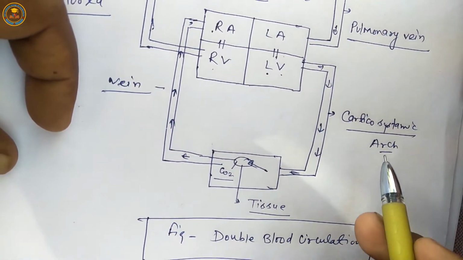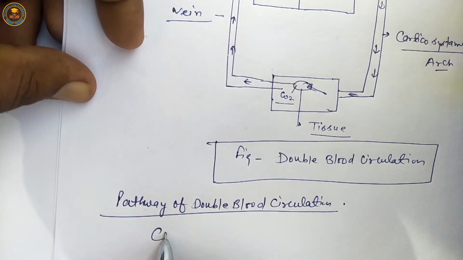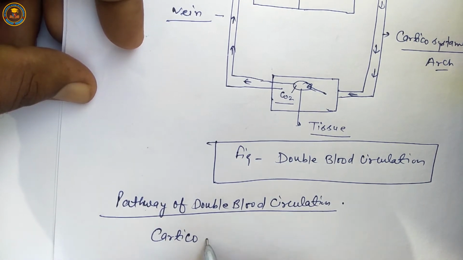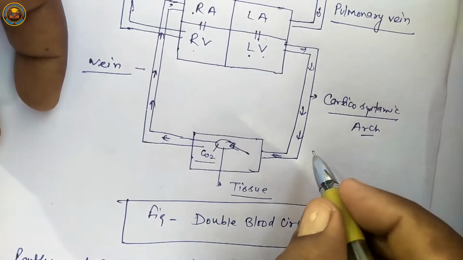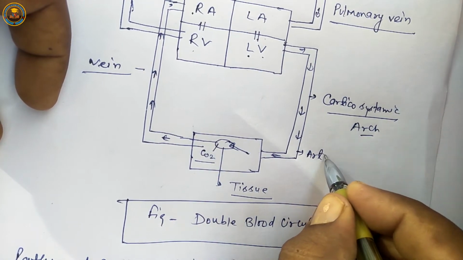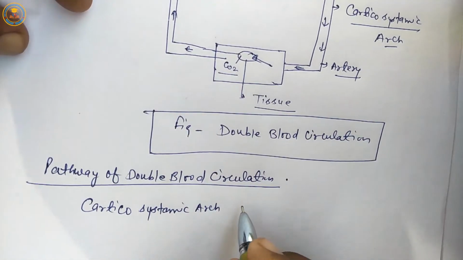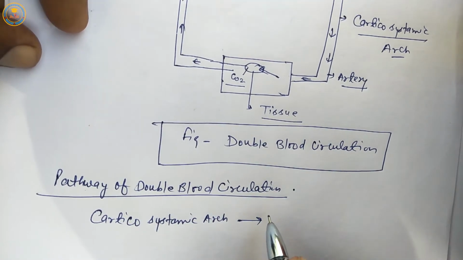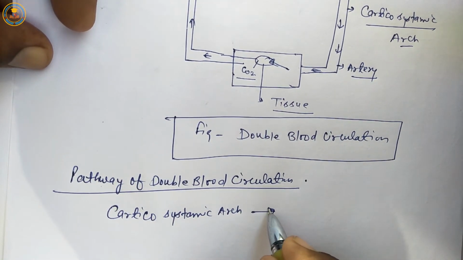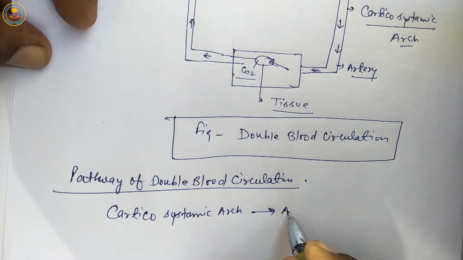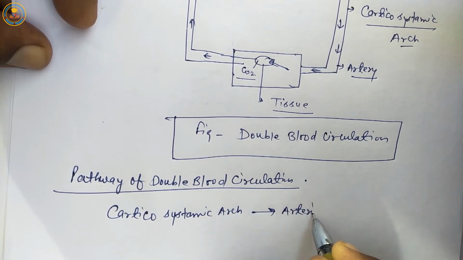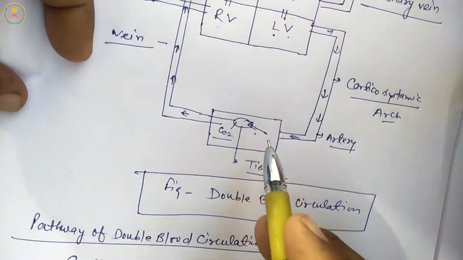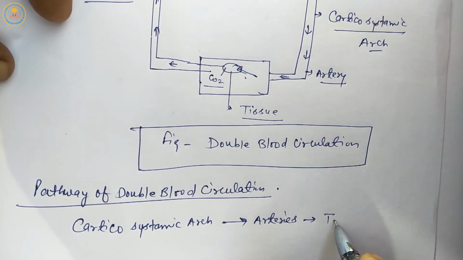First of all, the carotidosystemic arch carries pure blood and is received by arteries. Arteries open in tissues.